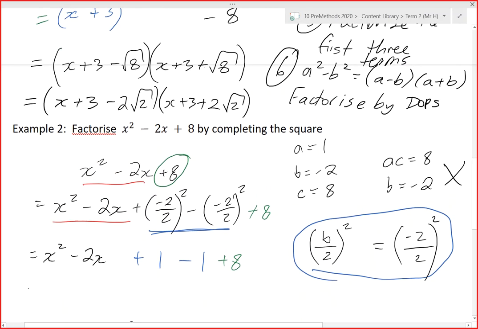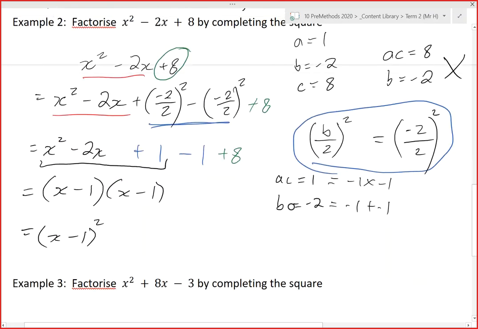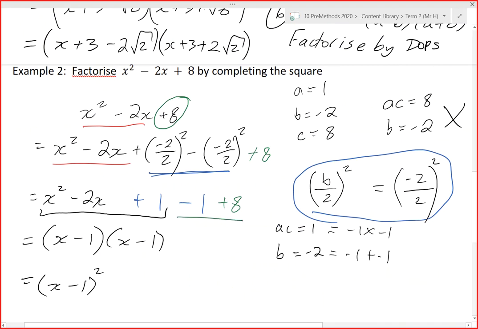Alright, and now we can factorize the first 3 terms. What do the first 3 terms factorize to? This bit, negative 1 plus 8 becomes positive 7. Okay? Can we factorize this?